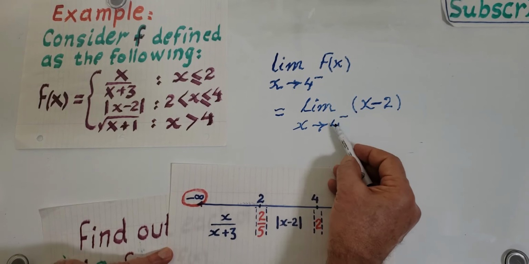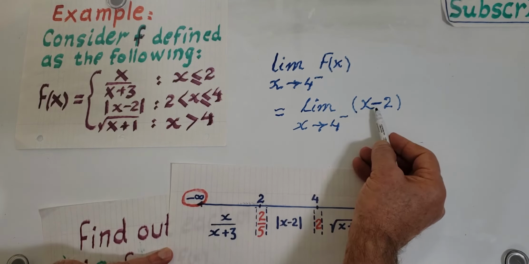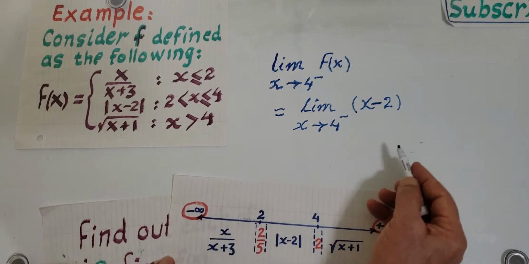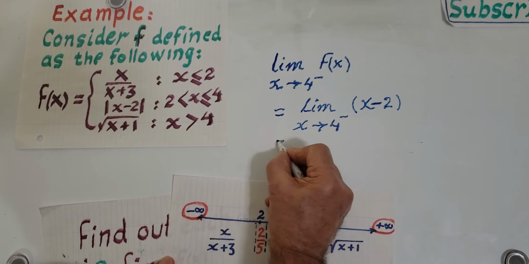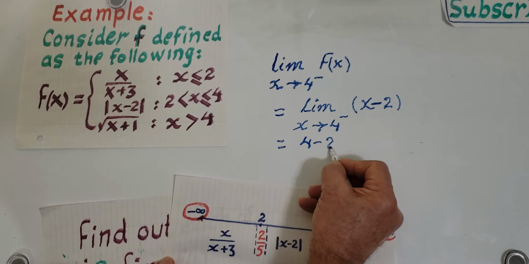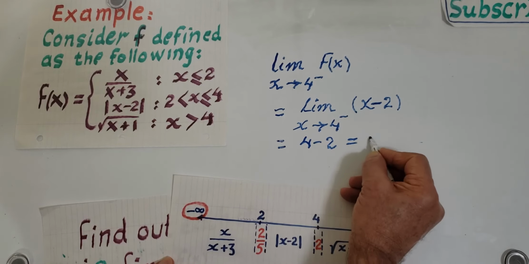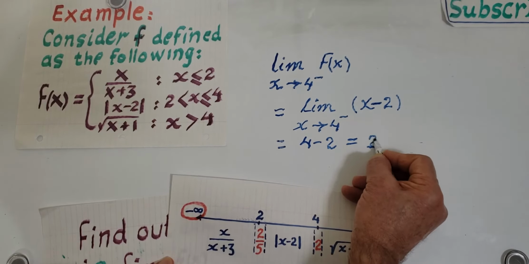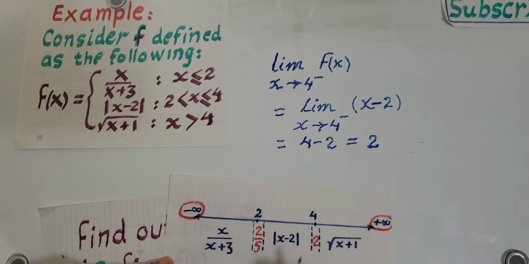Now, when you make substitution, it will be 4 minus 2, which means 2. This is the limit in case x approaches 4 from left.